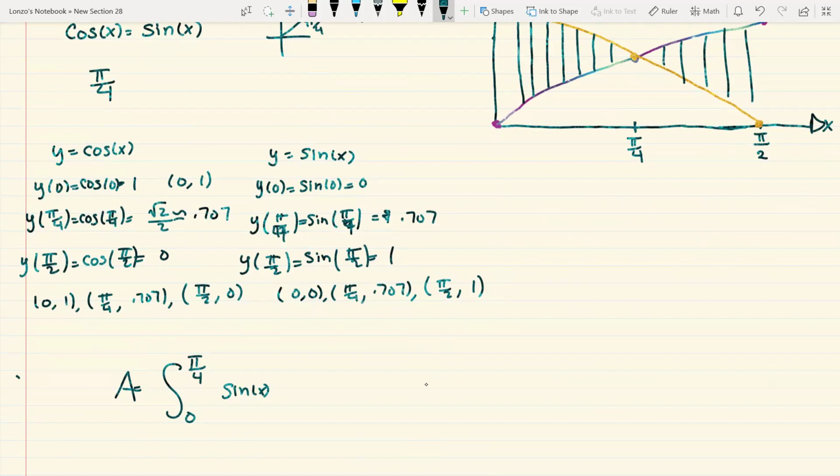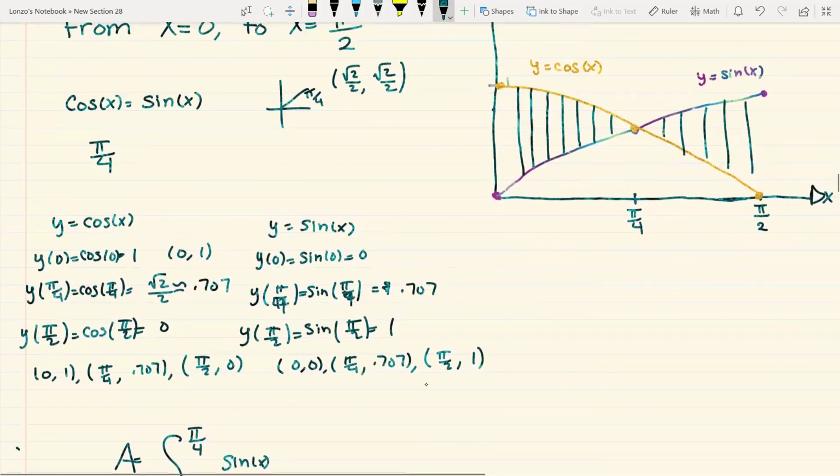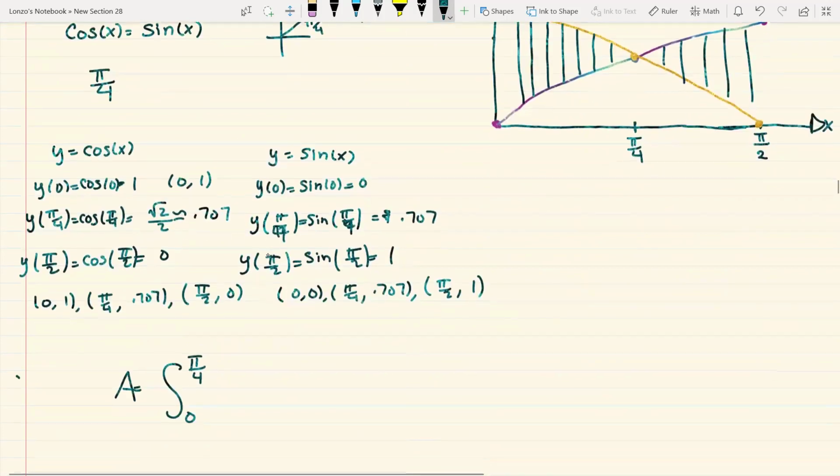Wait, no, I made a mistake. The top one is the golden one, which is cosine of x, minus the bottom, which is sine of x.